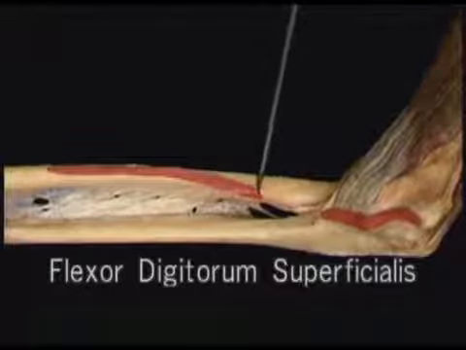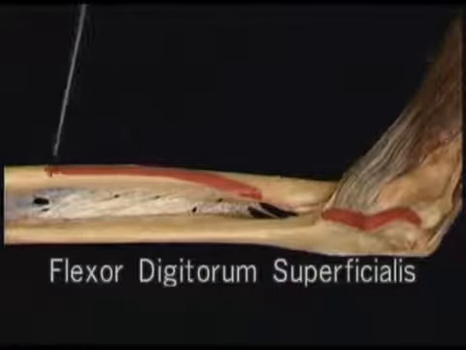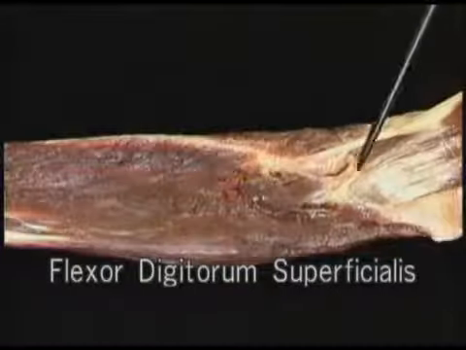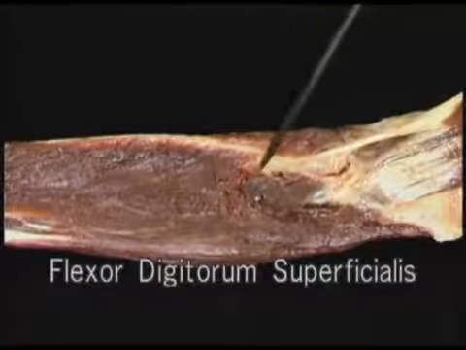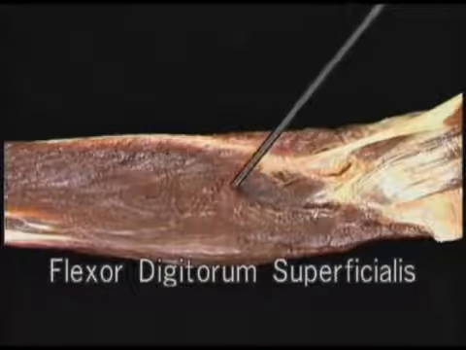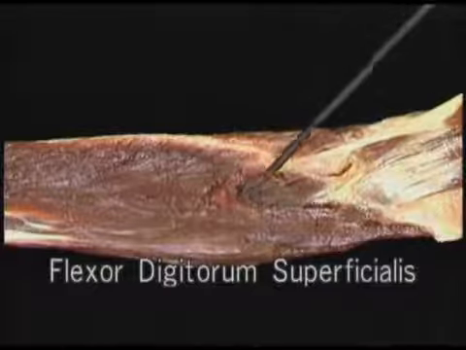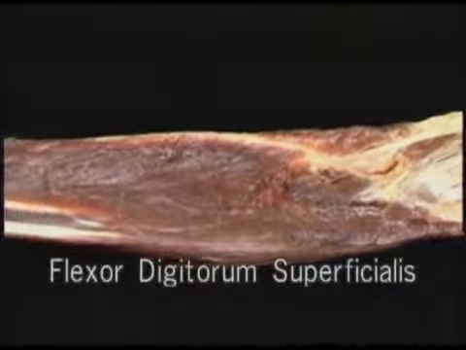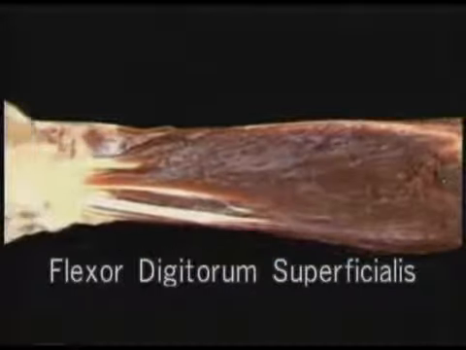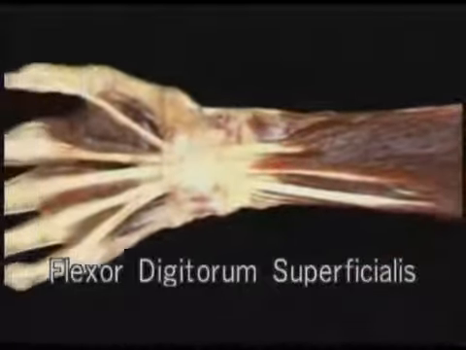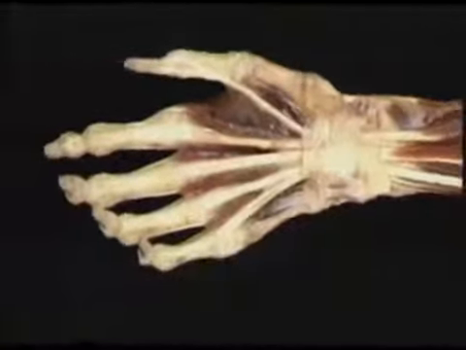Its radial head arises from this long oblique line on the radius. Between the two heads there's a gap which the median nerve and the ulnar artery both pass through. The four separate tendons of flexor digitorum superficialis are bundled together as they enter the carpal tunnel.